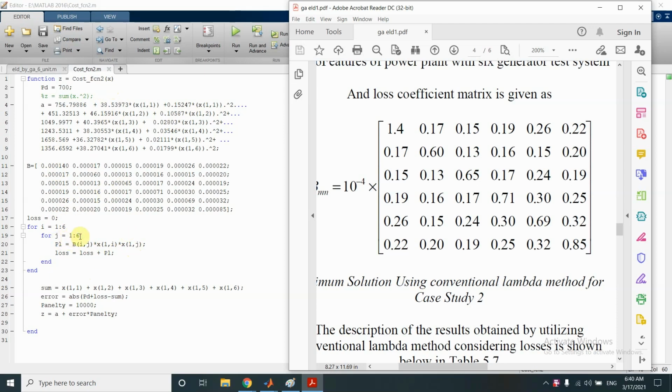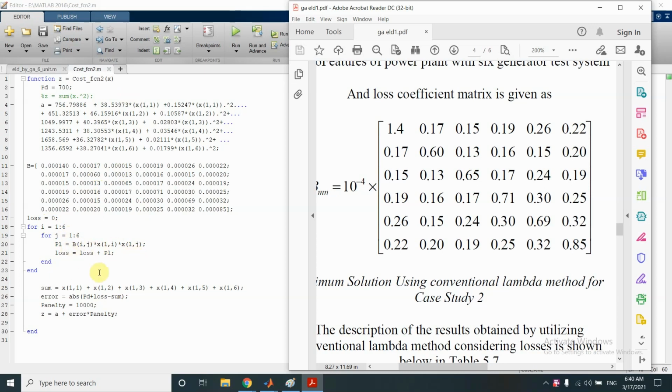Similarly, when j is equal to 2, i would remain 1 until j completes 6 iterations. So for j is equal to 2, we take this element and multiply it with first element of X matrix and second element of X matrix. For j is equal to 3, we take this third element, multiply it with first element and third element of X vector, and so on.